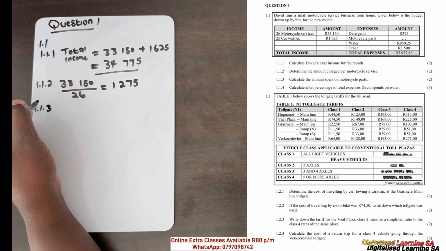Now let's move to question 1.1.3, which says calculate the amount spent on motorcycle parts. Now we are moving to expenses. We can see that we have motorcycle parts, but that amount is missing. However, we are given the total expenses, meaning that if we subtract everything else from total expenses, we can get the missing value for motorcycle parts.